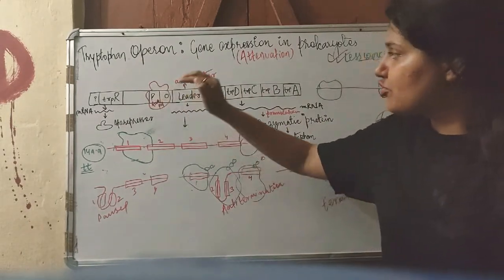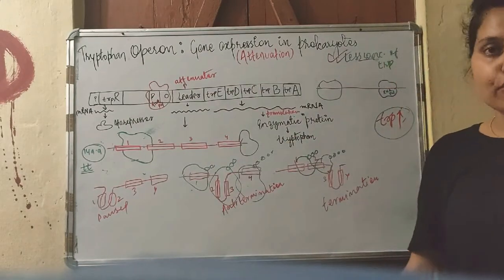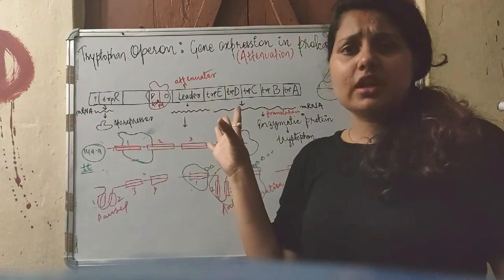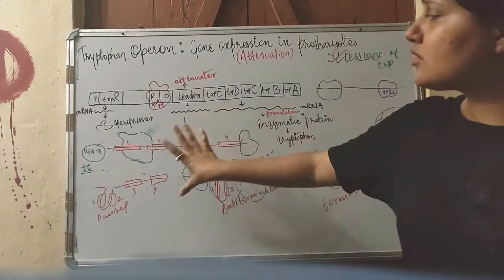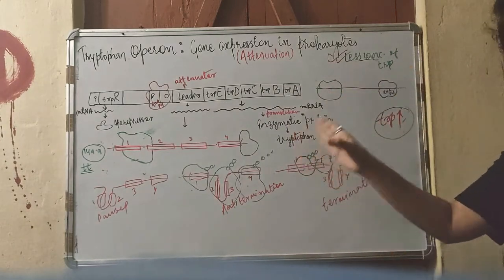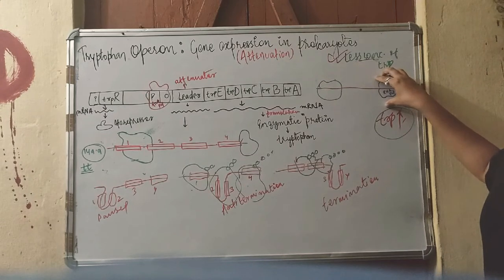So the transcription will be halted before the start point, meaning initiation will not start. But in the process of attenuation, the initiation of transcription has already started. The RNA polymerase is somewhere here.